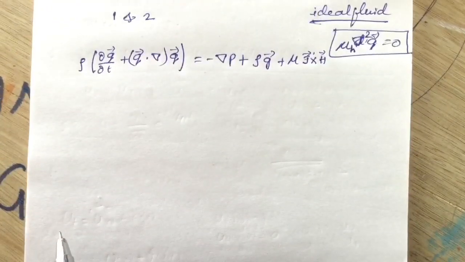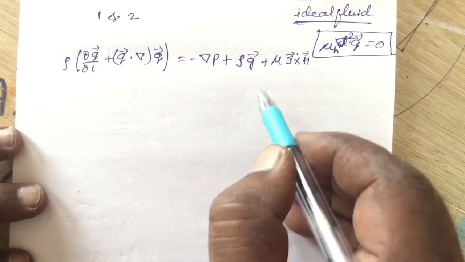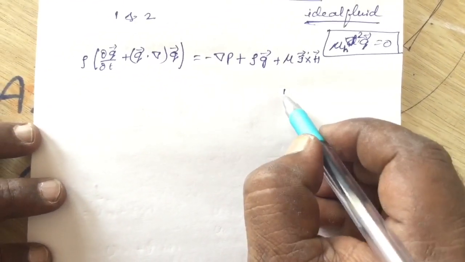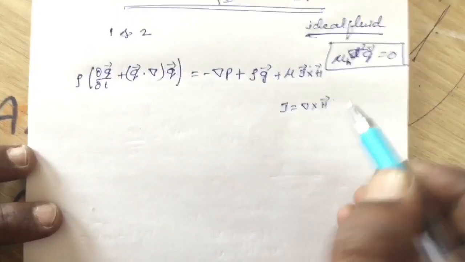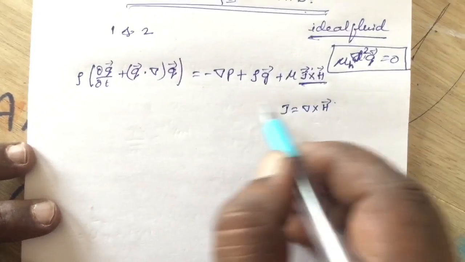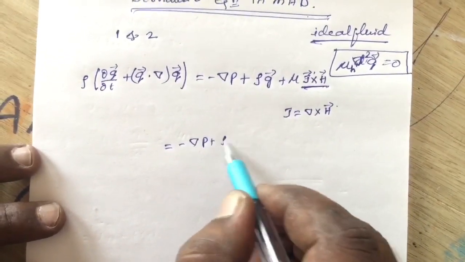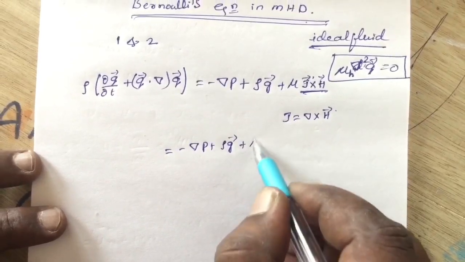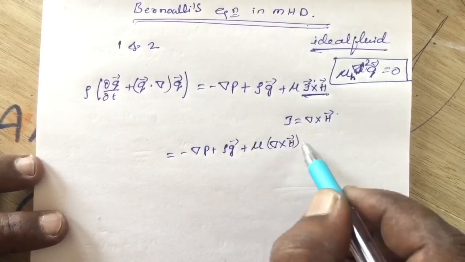In the previous class I told you from Ampere's law you can express j as curl of the magnetic field. So this term becomes minus gradient of p plus rho into g plus mu into del cross h cross h.